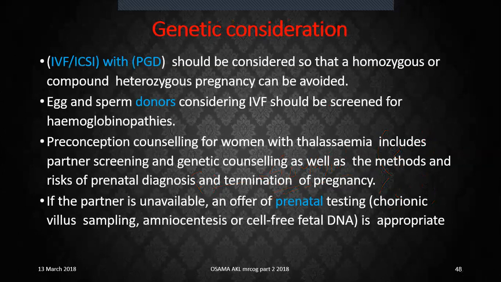Don't forget, as we said, if you have a patient or even a carrier with thalassemia searching for pregnancy, check the status of her partner and offer them IVF or ICSI with PGT to select the embryos which don't have thalassemia.